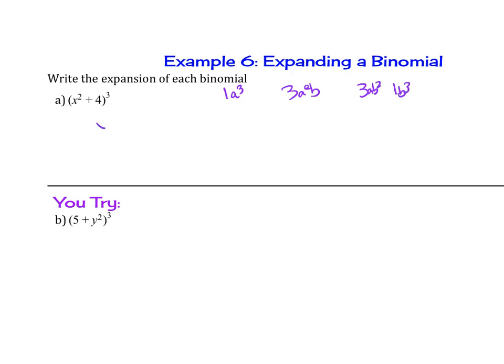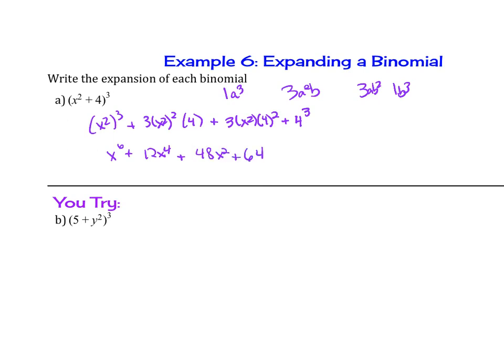So this is going to be x squared, and that's to the third, plus 3 times x squared to the squared times 4, plus 3 times x squared times 4 squared plus 4 to the third power. So then this becomes x to the 6th plus 12x to the 4th plus 16 times 3 is 48x squared plus 4 cubed, which is 64.